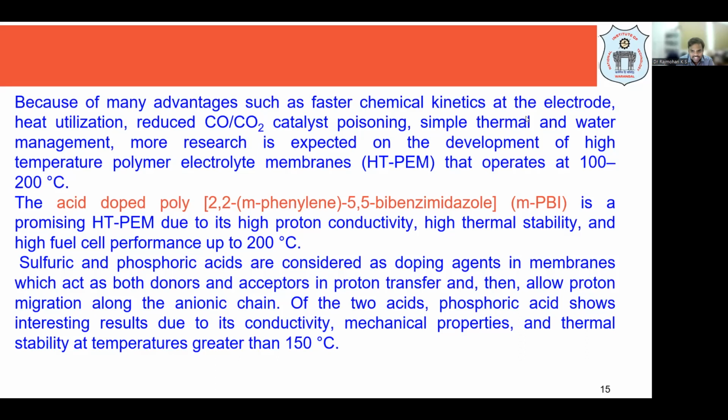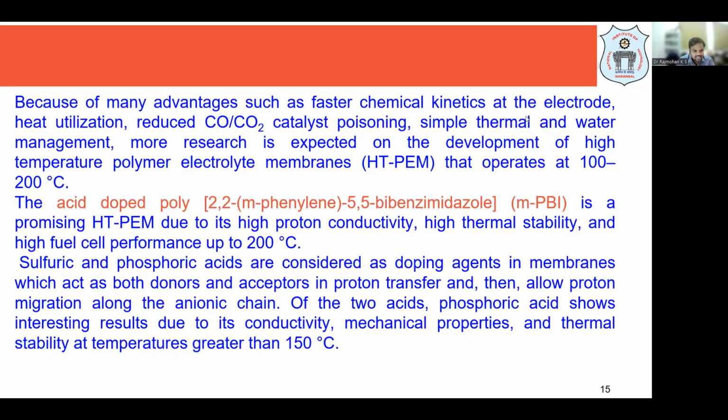Among that, this acid doped PBI, that is poly-2,2'-m-phenylene-5,5'-bibenzimidazole, is a promising high temperature PEM fuel cell membrane because of its very high proton conductivity. It provides very good thermal stability and high fuel cell performance even up to a temperature of 200 degrees Celsius. What we usually do is acid doping.